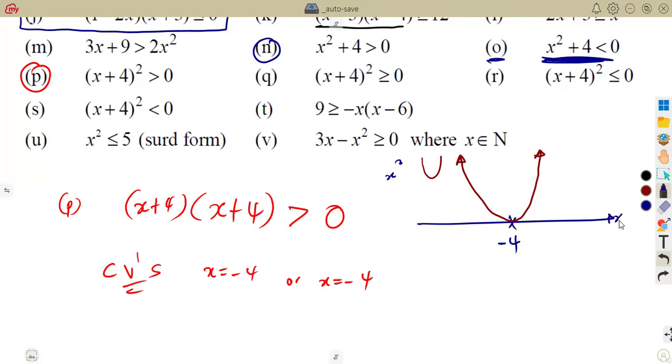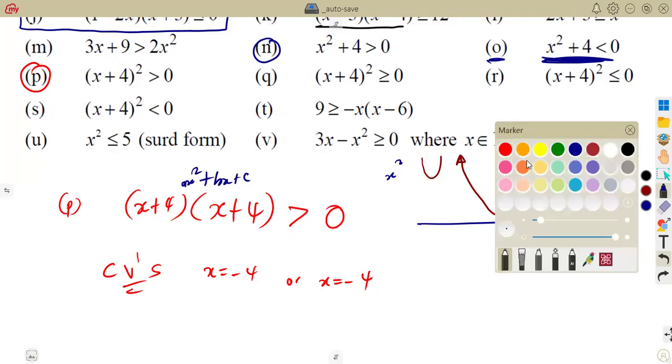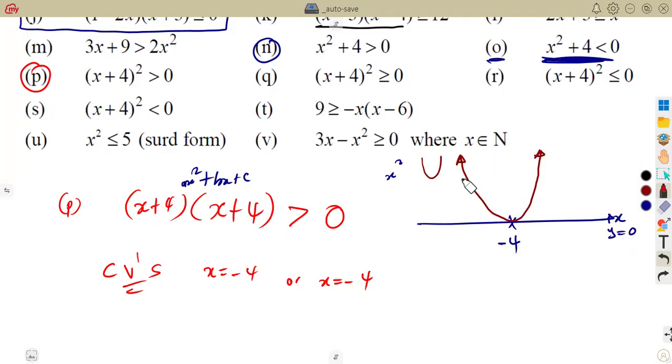Remember, this is your x-axis where y is equal to 0. They are saying the whole function, ax squared plus bx plus c, is greater than 0. So where do we find our solutions? Above the x-axis, on this side of the x-axis and this side of the x-axis.